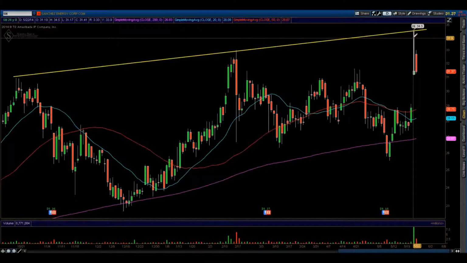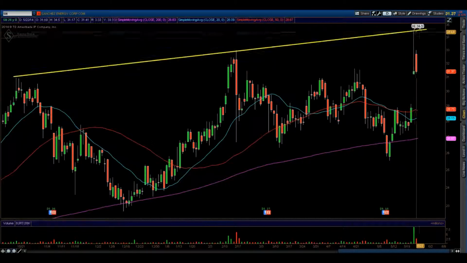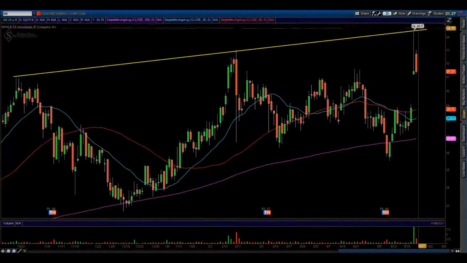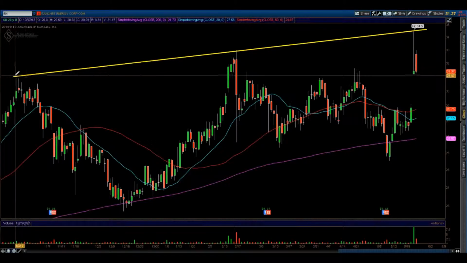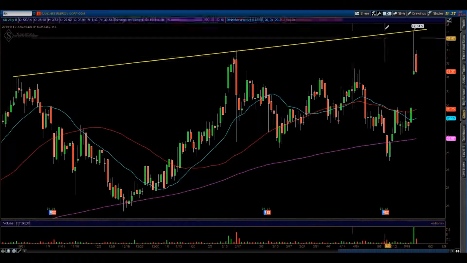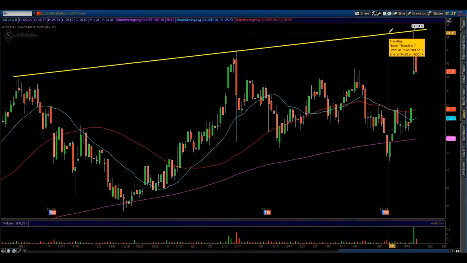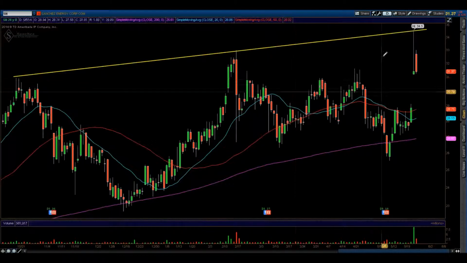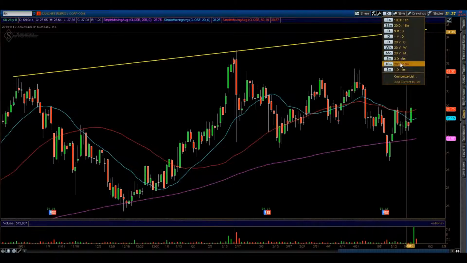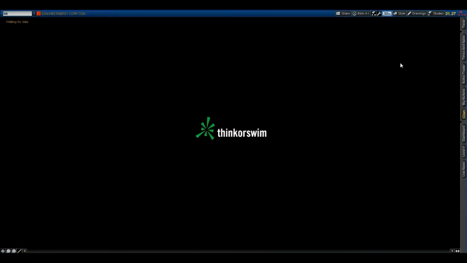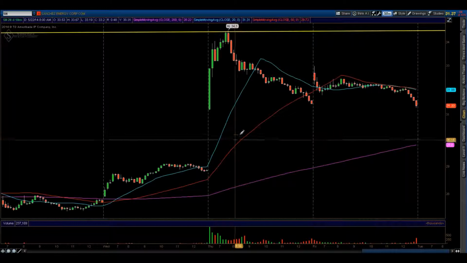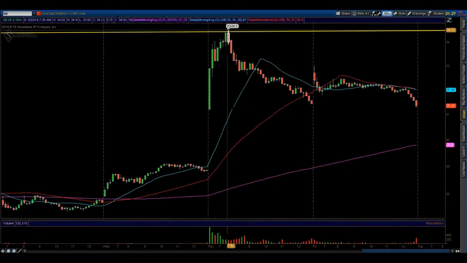Yeah, Thursday, this stock made a high of 34.50. Again, if you had connected this line, and this line, and this line, if we look at the 10-minute chart, on Thursday here, you could have gone short this stock.